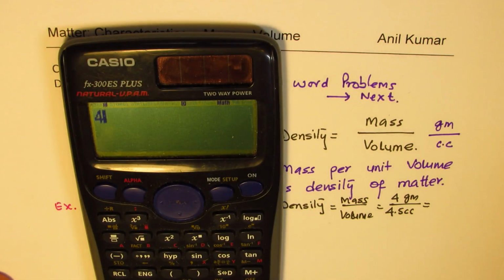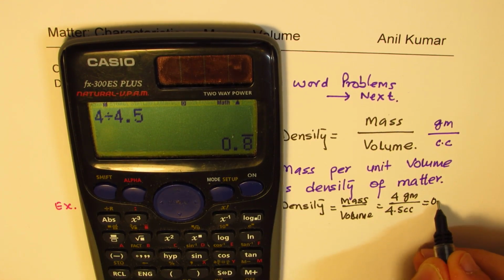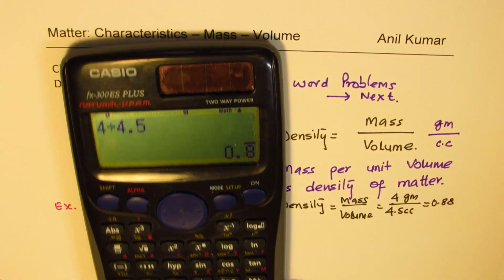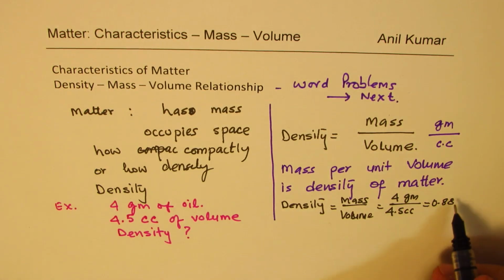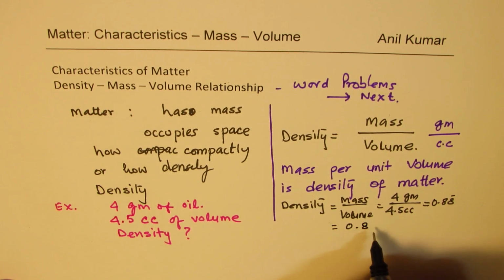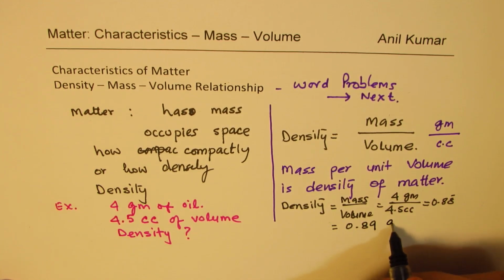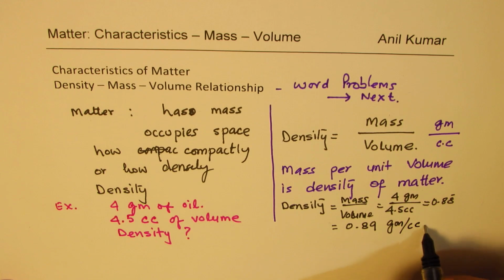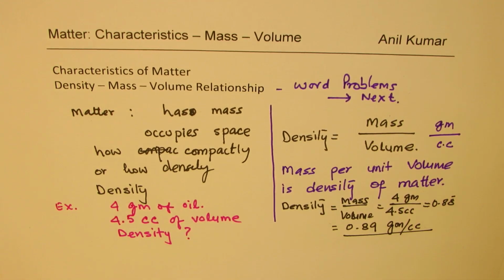So it will be 4 divided by 4.5, which gives us in decimals 0.88 recurring, so we can say it is 0.89 grams per cc. So that becomes the density of this particular oil, right? So a simple calculation will help us find density from known mass and volume, right?